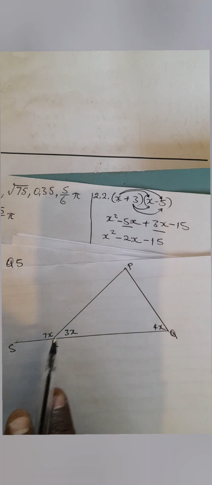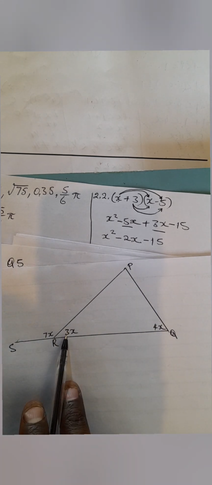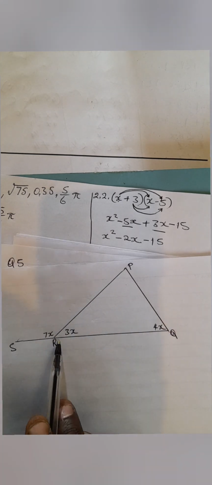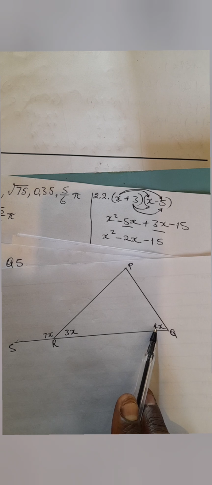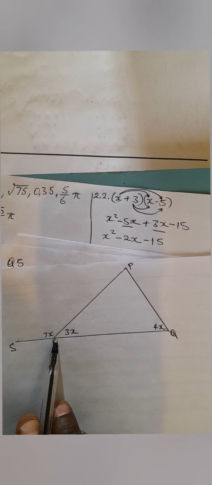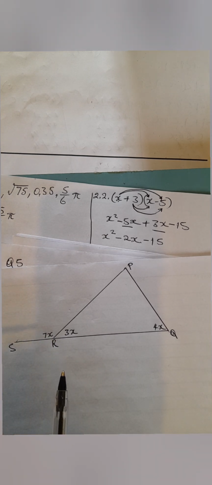PRQ is 3x. And PQR is 4x. Side QR is produced to S. Okay, understood.